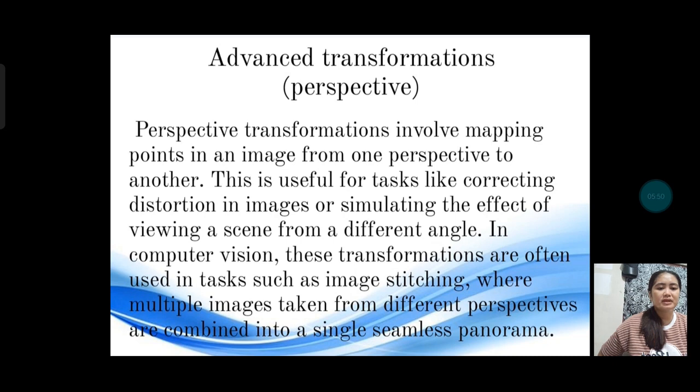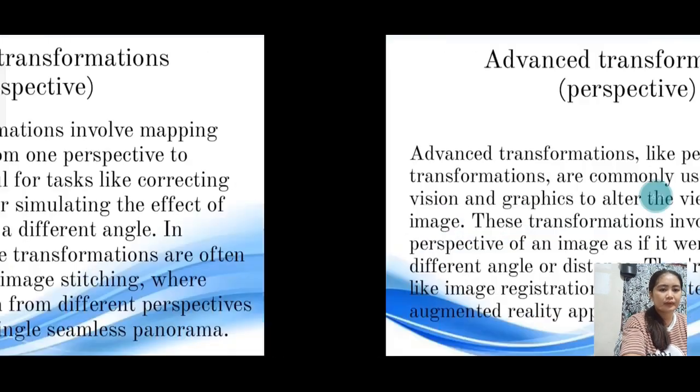In computer vision, these transformations are often used in tasks such as image stitching, where multiple images taken from different perspectives are combined into a single seamless panorama.